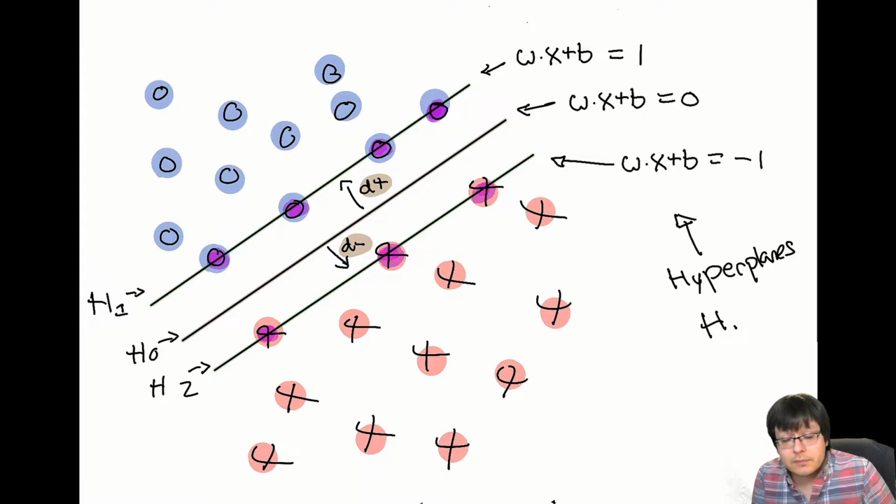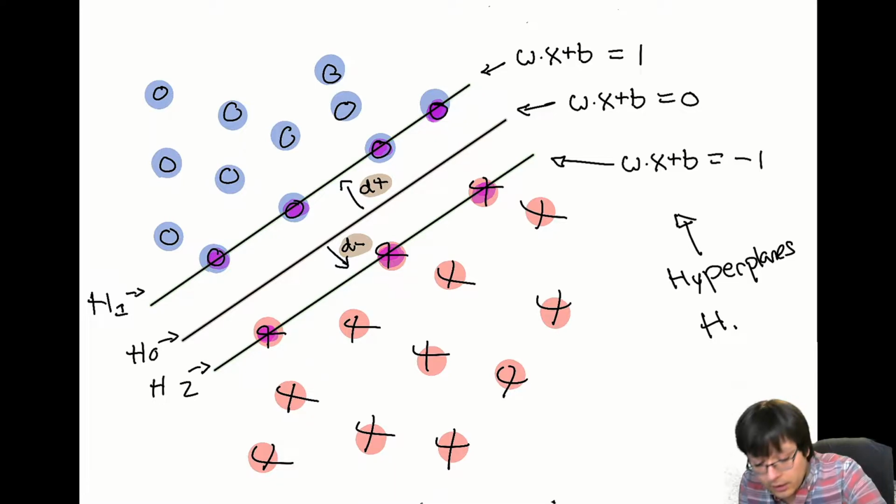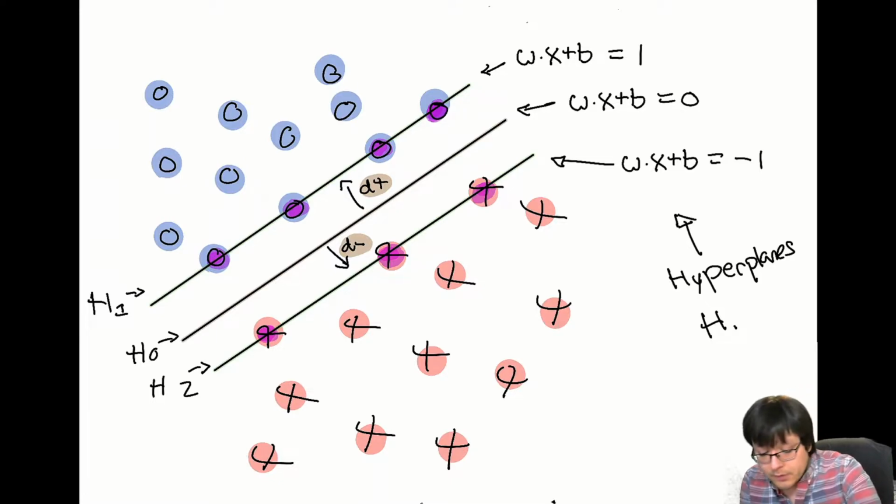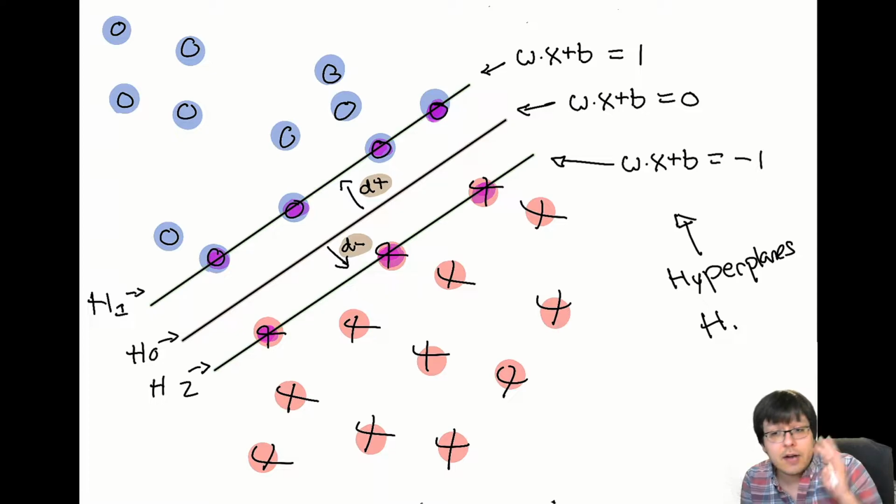And because of that, the points that are actually on the hyperplane here, we like to call those the support vectors, because those are the ones that are deciding where the boundaries are. We could just as well move these things back, and they're not going to change where the margins are.